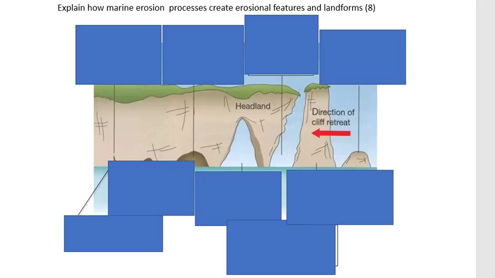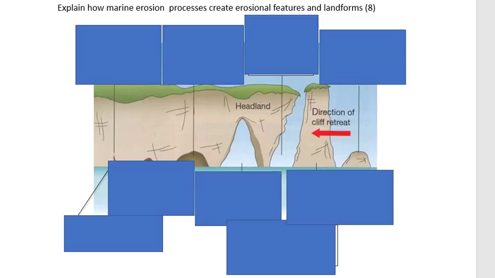As well as cliffs retreating, we've got two features that form in the previous example, the wave cut notch and a wave cut platform. I think I touched on some of these in class. A typical 8-mark exam question: explain how marine erosion processes create erosional features and landforms.